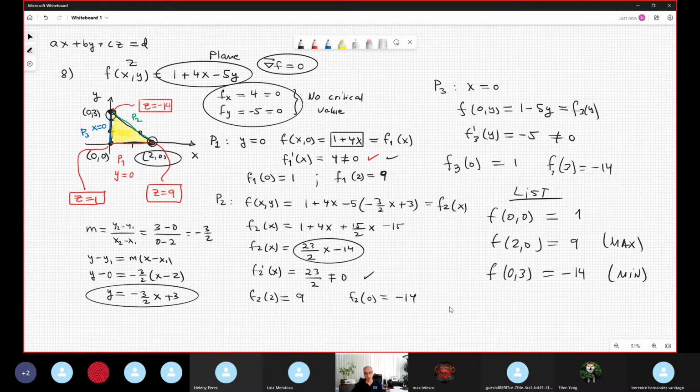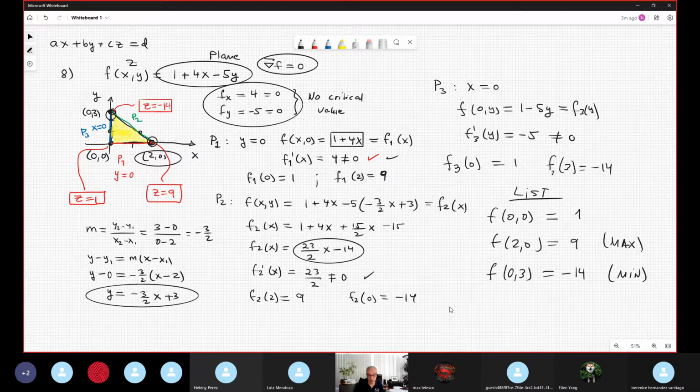Okay? When you enforce the restriction of the path in the original surface, you obtain a new function that I call f1, f2, f3, which is only one single variable. And one more time, you apply the first derivative, you determine the value of this, and you include this new point in the list.